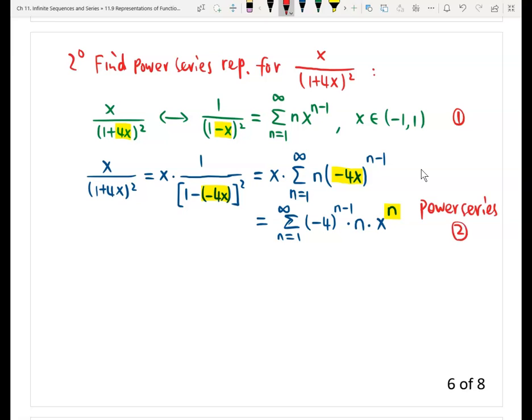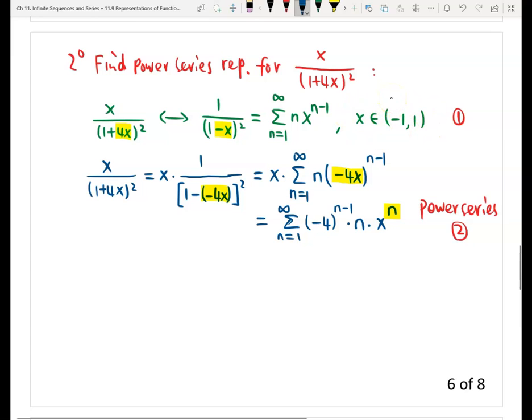Now what we have left is talking about the domain. Remember, for our power series 2, it comes from power series 1, so we have to use the domain from power series 1.